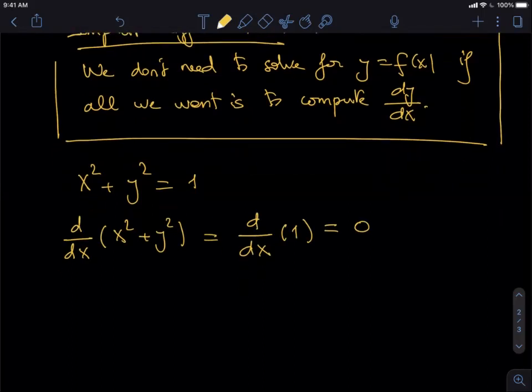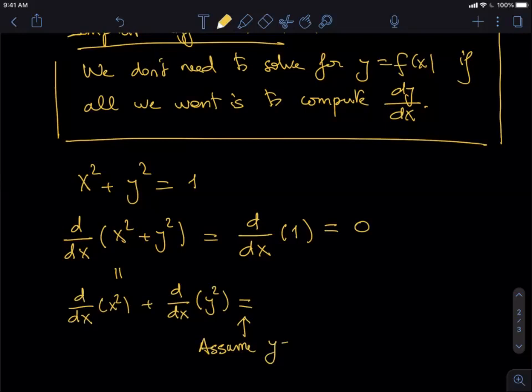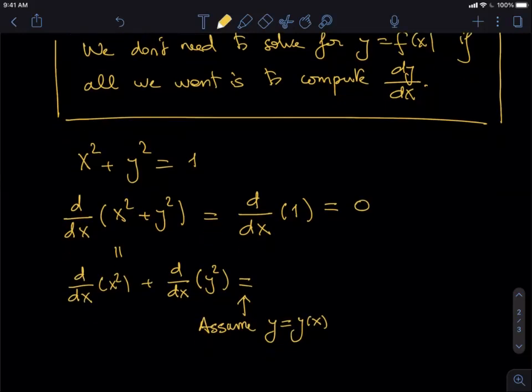And on the left, we have a sum, so we have that this is the derivative of x squared plus the derivative with respect to x of y squared. And here comes the new thing. Here we assume that y is a function of x. Okay, so then here what we have is a composition of two functions. We have y of x and then a squared.